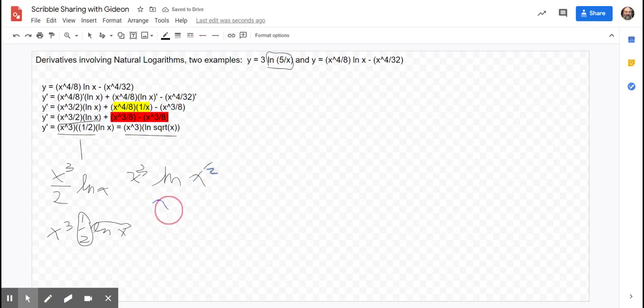And that can be rewritten as x cubed ln of the square root of x.